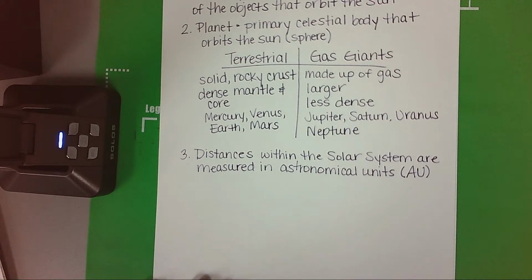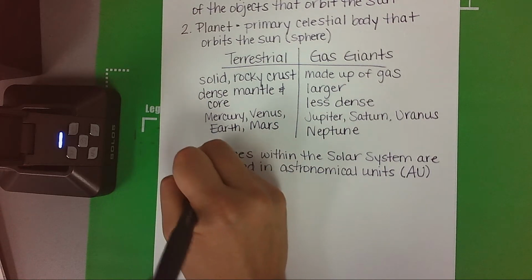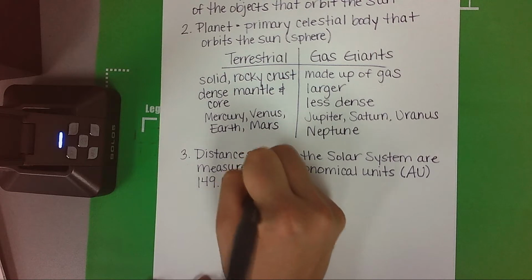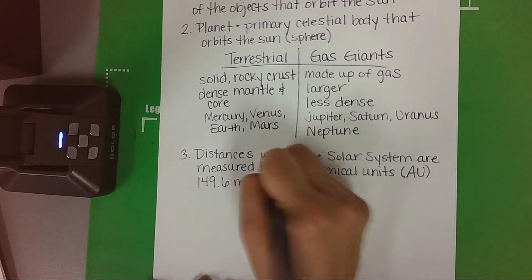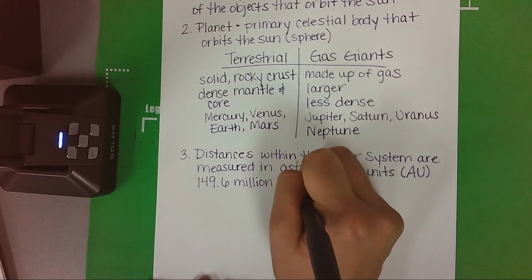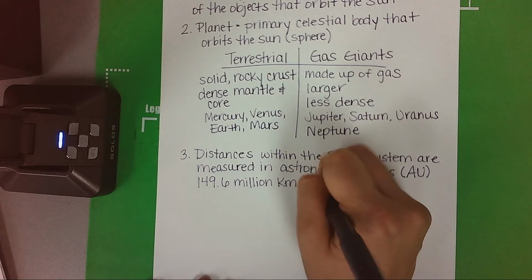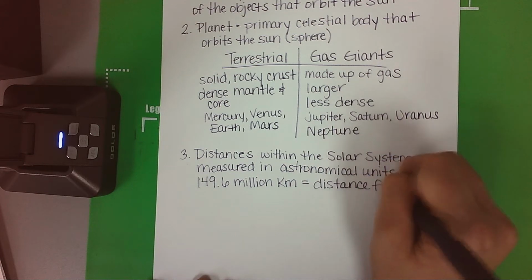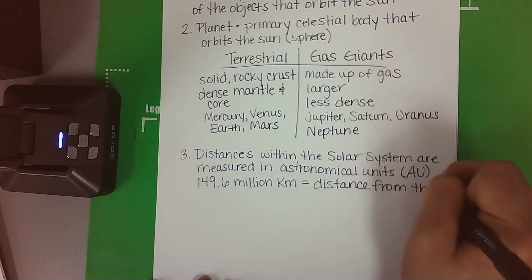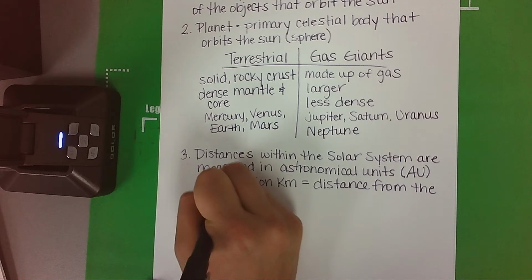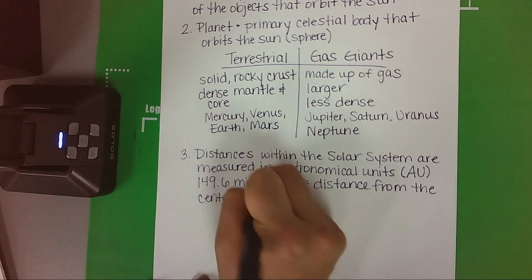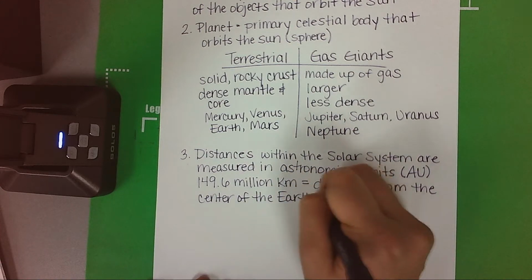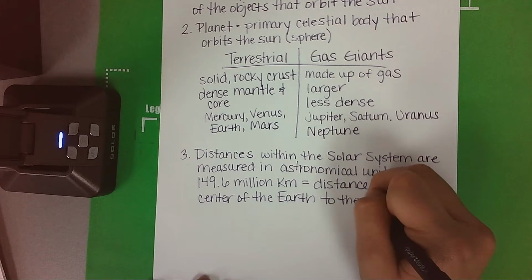So when we're talking about what an AU is, it would be 149.6 million kilometers, and that is the distance from the center of the Earth to the center of the Sun.